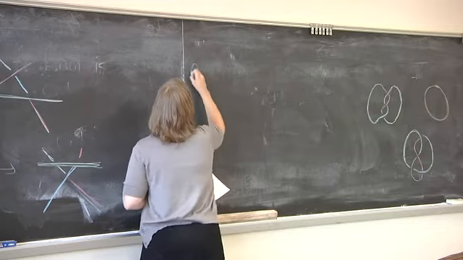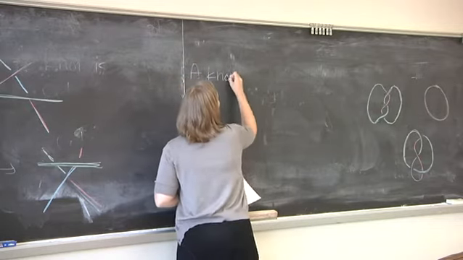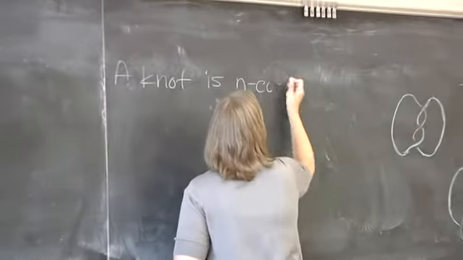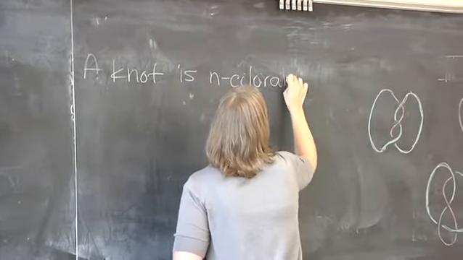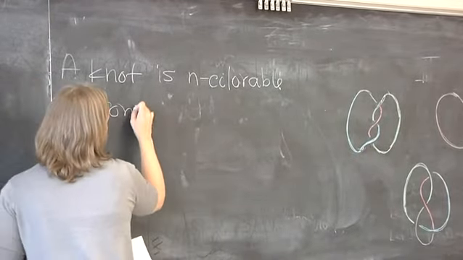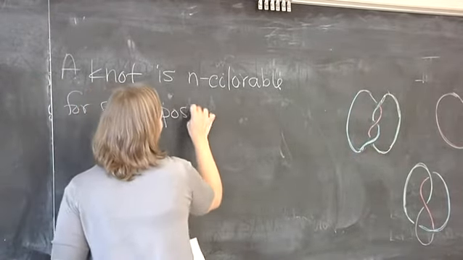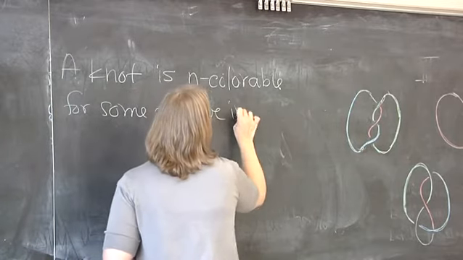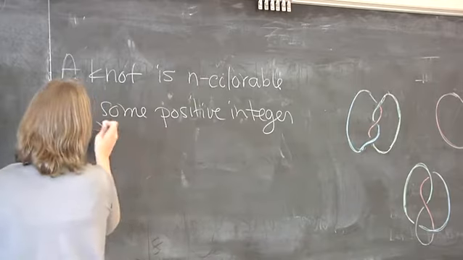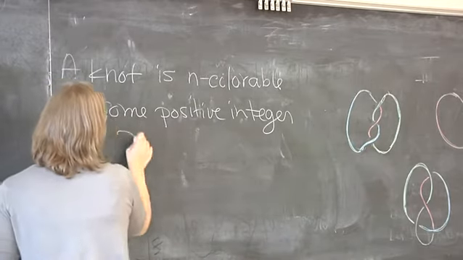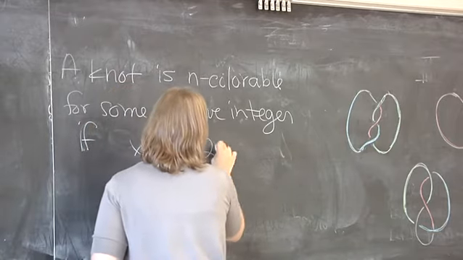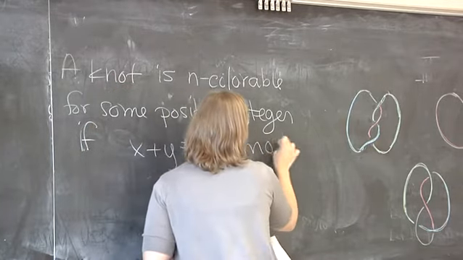So a knot is n colorable for some positive integer n if x plus y is congruent to 2z mod n.